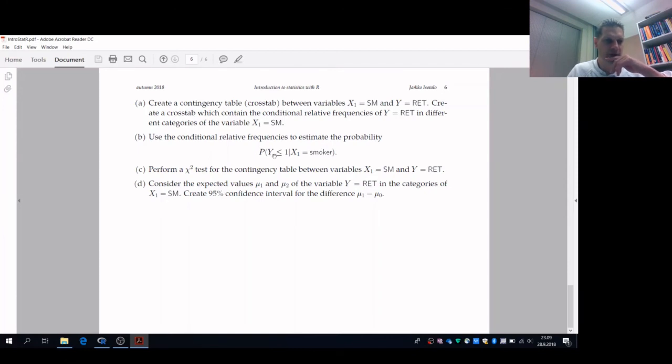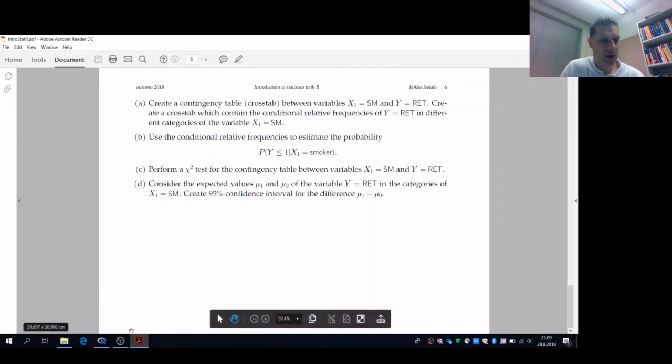Then we want to know with what probability that person would get, related to this eye illness, a classification of being either completely healthy or at least not advanced retinopathy.